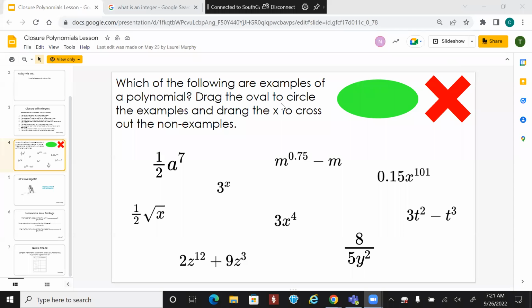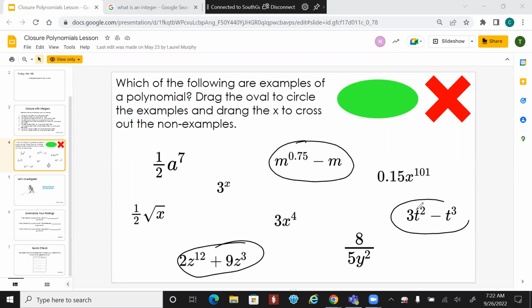Okay, so which of the following are polynomials? So I'm going to circle the ones that are polynomials. You tell me if there's any that you disagree with. I think that's it. Okay, so why did I circle those? More than one term, right? Okay, good.